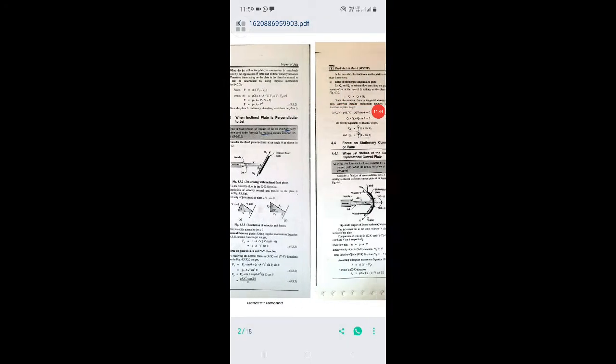Let's see the examples. The first example is from Summer 13, 8 marks. Water is flowing through a pipe, at the end of which a nozzle is fitted. The diameter of the nozzle is 100 mm and the head of water at the center of the nozzle is 100 m. Find the force exerted by the jet on a fixed vertical plate.